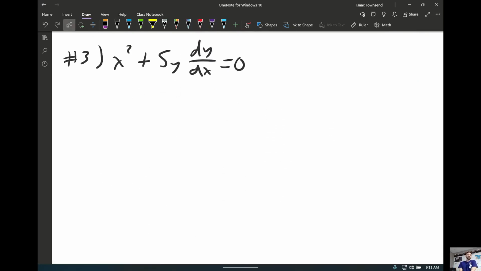Okay, so for question 3 now, I would like you to try to separate the variables and integrate both sides. And just for time purposes here, I'm going to do it at the same time as you, but I'm going to freeze my screen. So separate and integrate, and then we will solve the rest of it together.